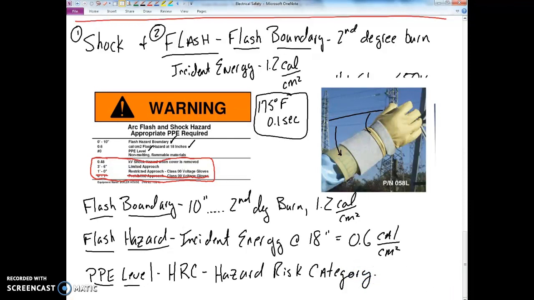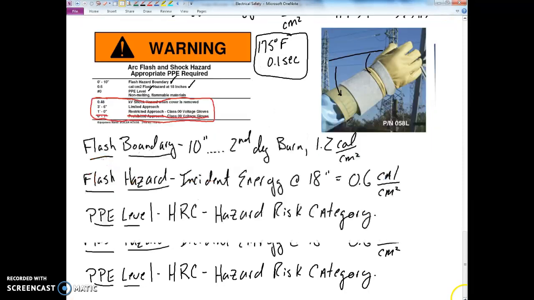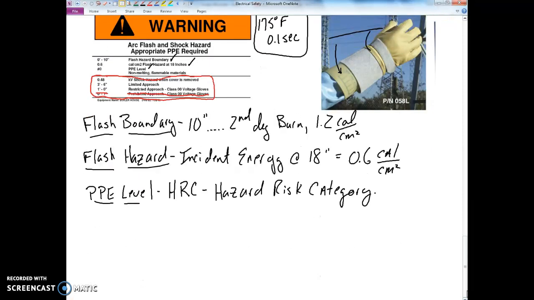And what that means is that to work on this box energized, my clothing has to be HRC category 0, which, in this case it's 0 because at 18 inches there's really no risk of a second-degree burn.